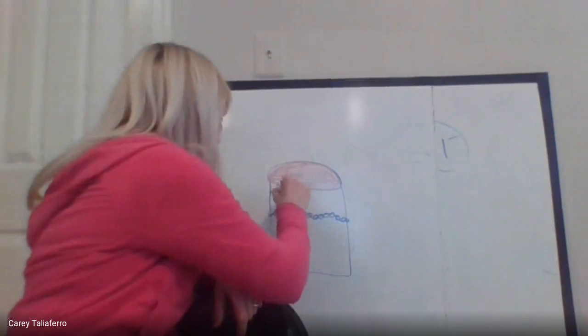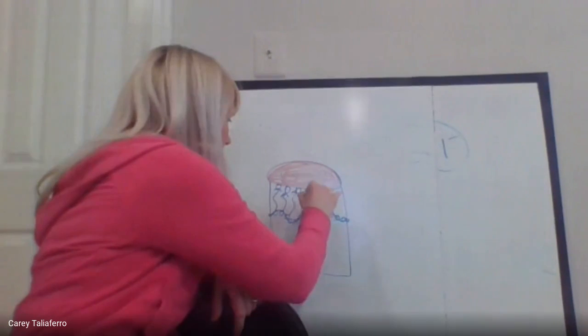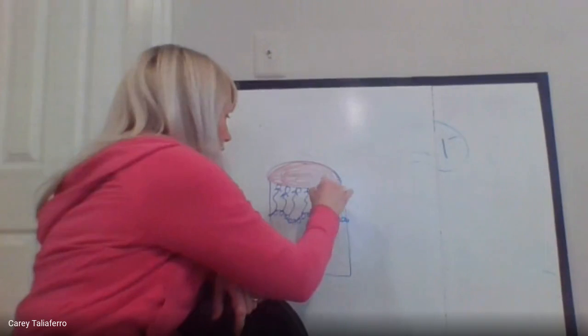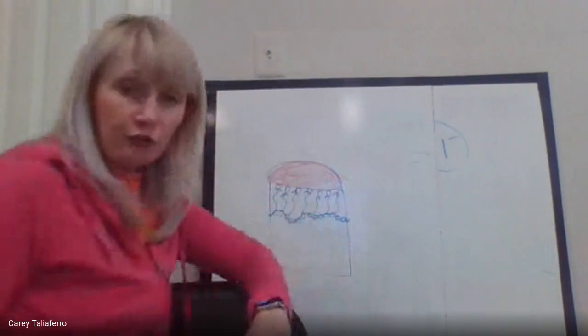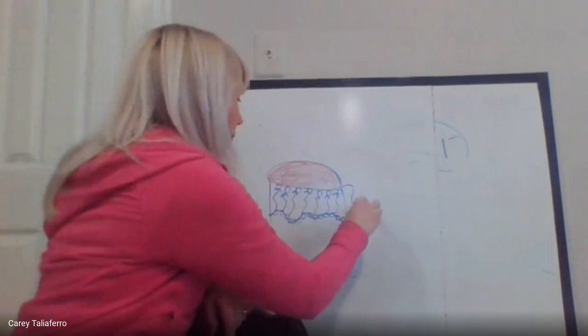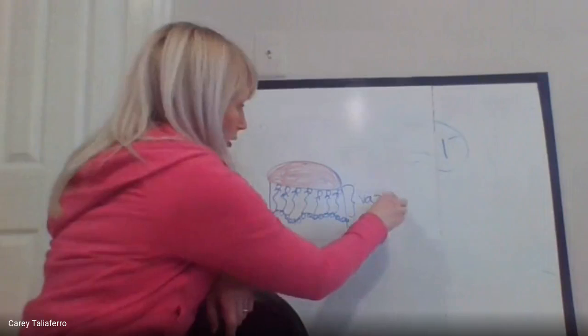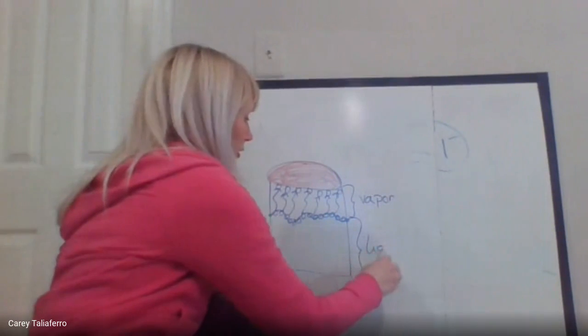And so this happens. And you have all of these water vapor molecules above the surface of the rest of your liquid water. So here is the vapor. And then down here is the liquid.